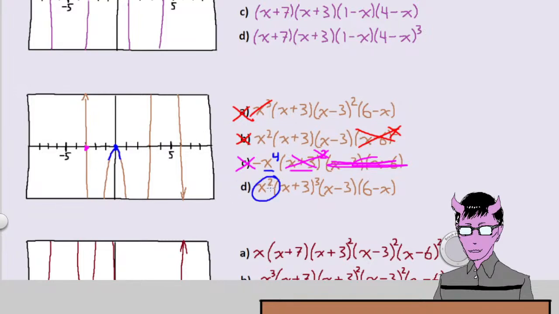Choice D has a... Wait, let me delete this first. Alright, in choice D we have even multiplicity at this particular 0, so that is consistent. Consistent motif. And then at this particular 0, we have odd multiplicity. That is consistent right here.